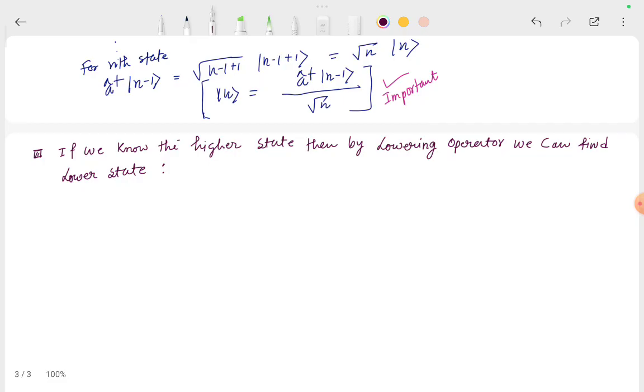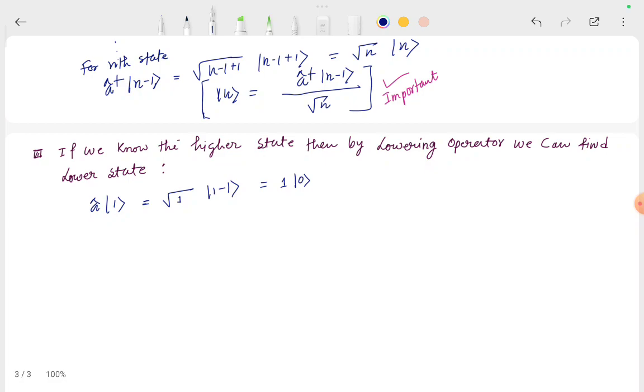Okay, let's try to develop this concept. So a acting on ket 1, what can I get? This equals root of 1 times 1 minus 1, so the 0 state.